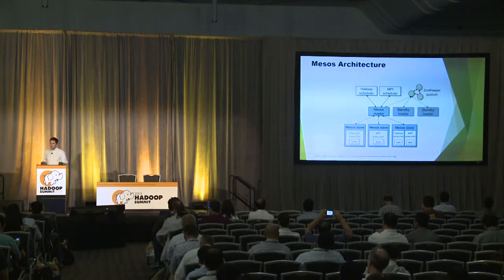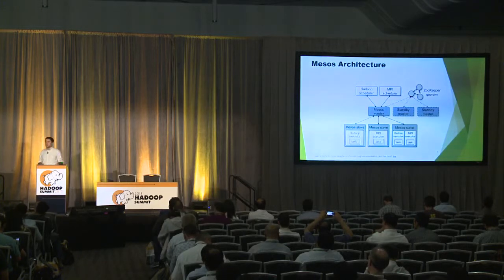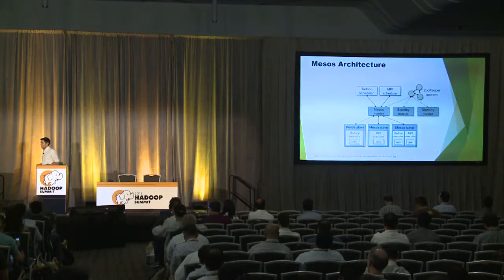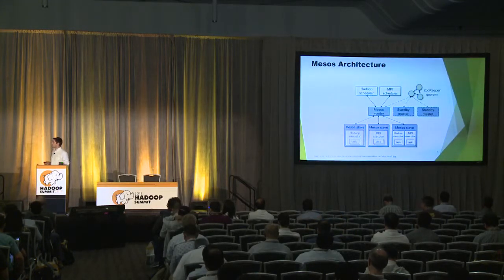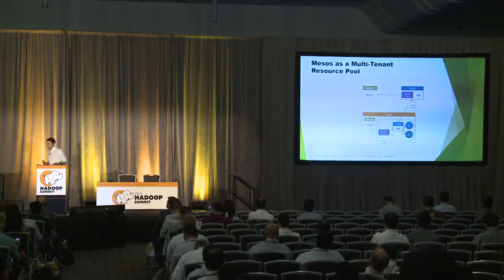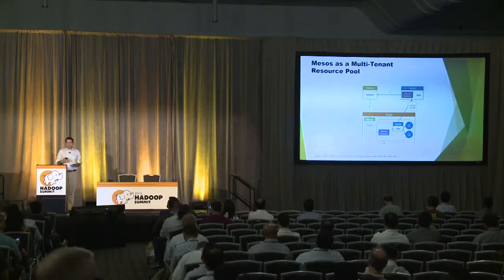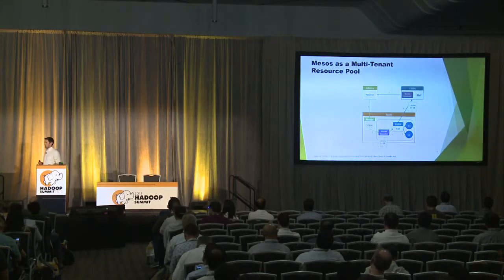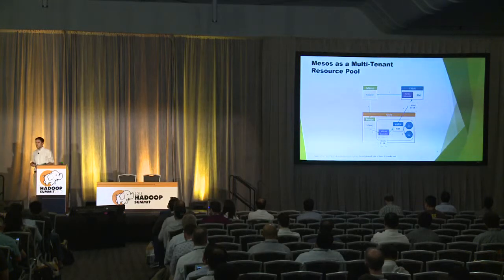And again, the key thing here is that you're dealing with a hierarchical scheduler, not just a single level scheduler for the entire resource pool of all the servers that you're working with. Now in this case, you can run Hadoop on Mesos itself, or there's a project in progress to run YARN as a fully supported Mesos framework.